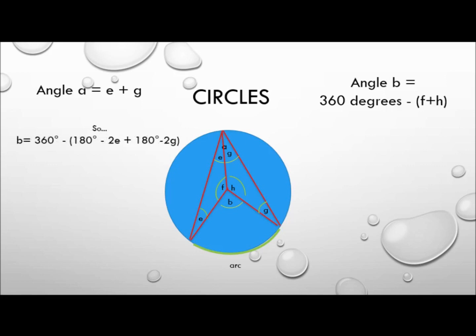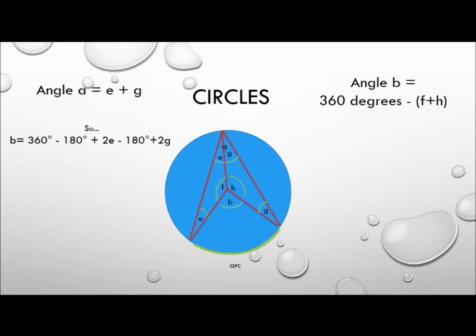Whoa, hold it right there. How did we get from B equals 360 degrees minus all of 180 degrees minus 2E plus 180 degrees minus 2G to B equals 360 degrees minus 180 degrees plus 2E minus 180 degrees plus 2G?